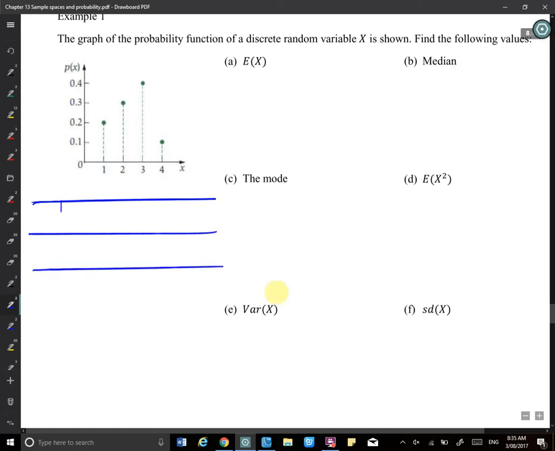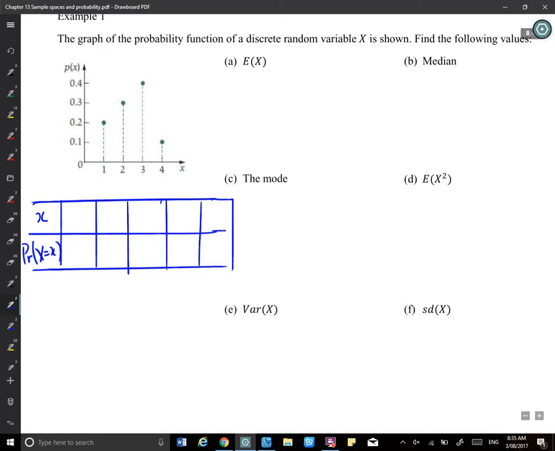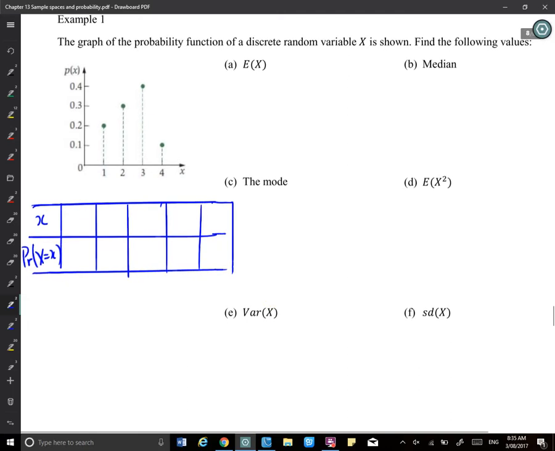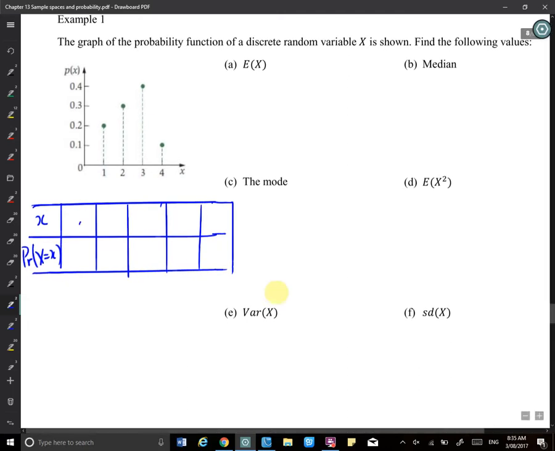So we have x and the probability P(X = x). The values I can take for x are 0, 1, 2, 3, and 4.